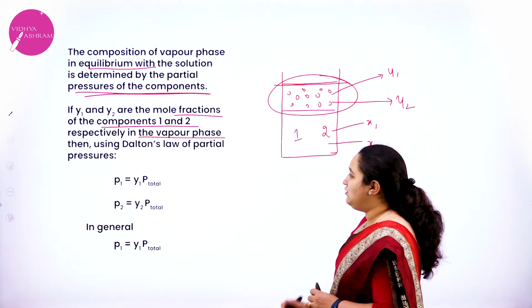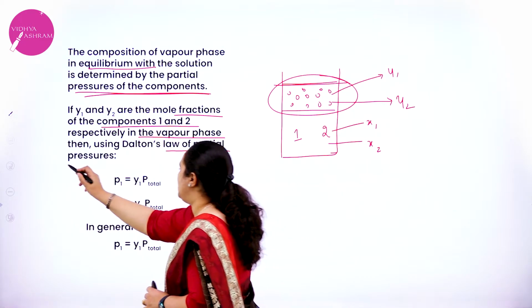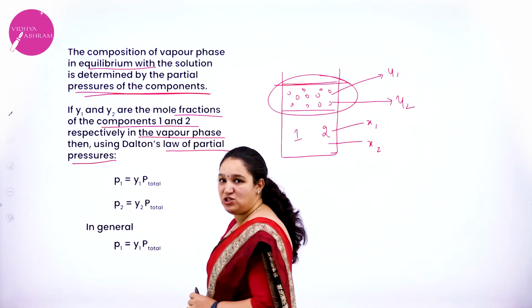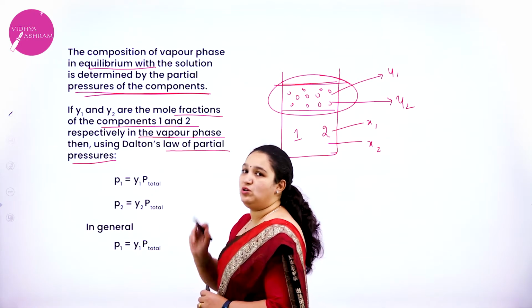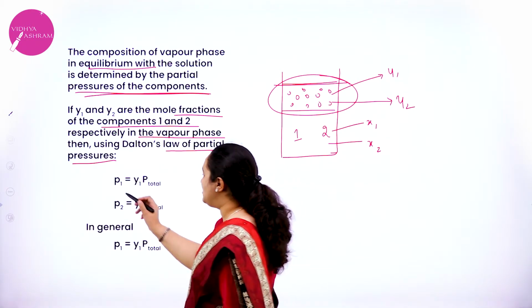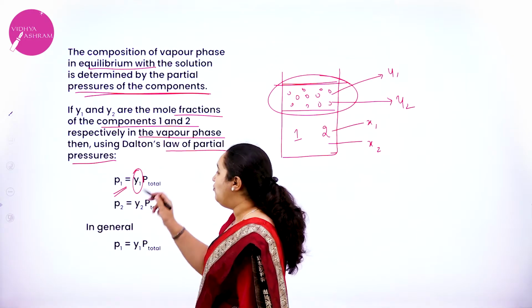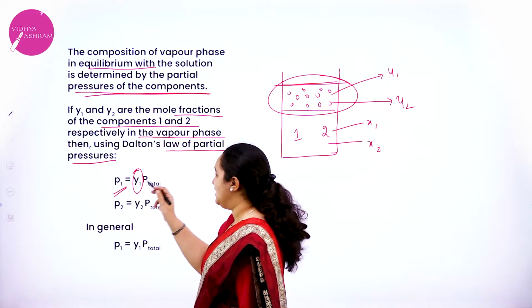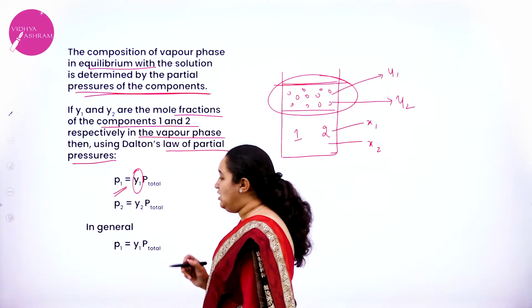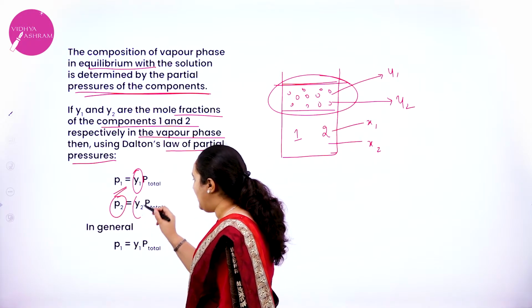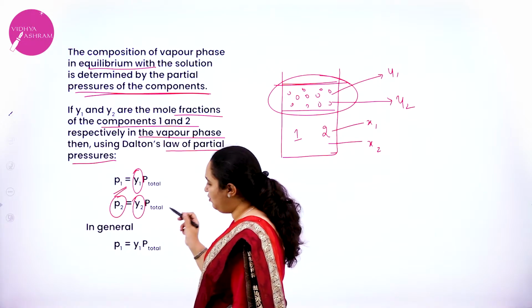Then according to Dalton's law, partial pressure is mole fraction into total pressure. So partial pressure P1 in the vapor phase is equal to mole fraction in the vapor phase into total pressure. So P2 is what? Mole fraction in the vapor phase, that is y2 into P total.